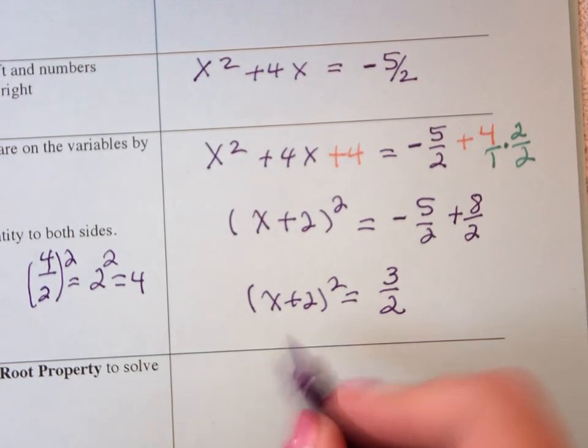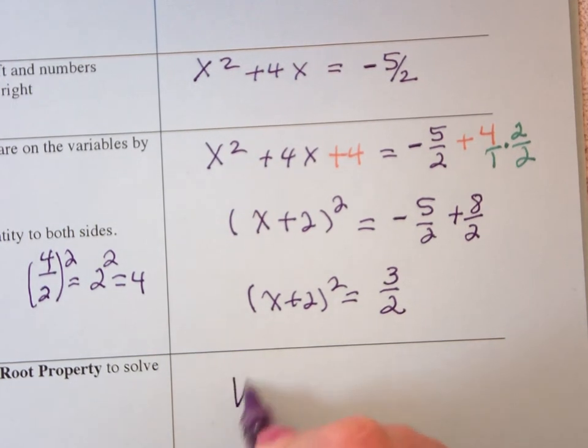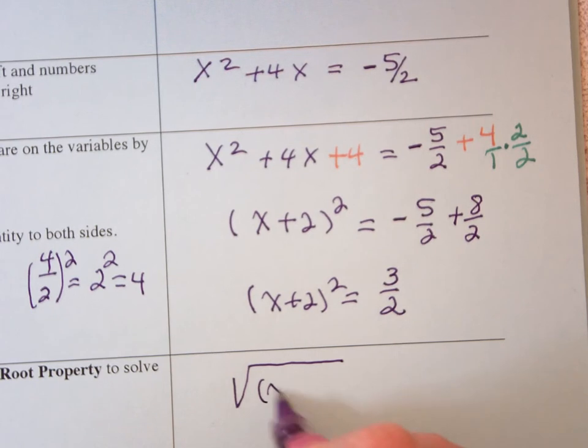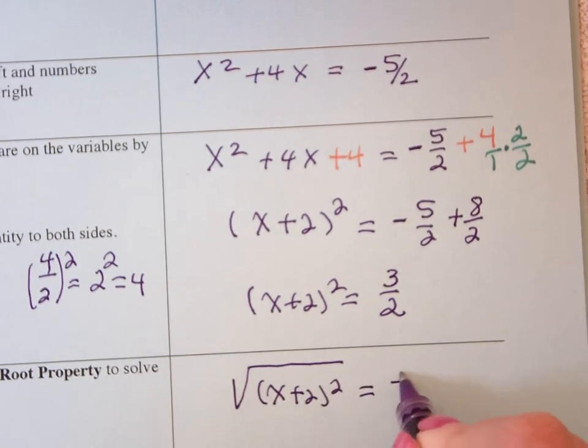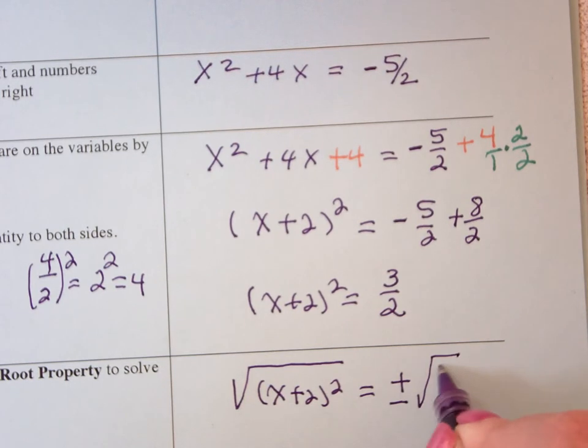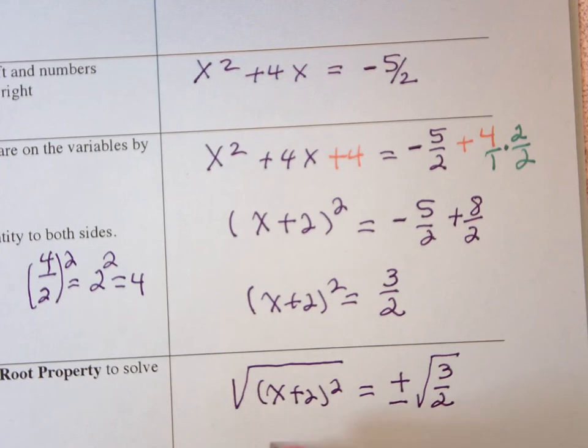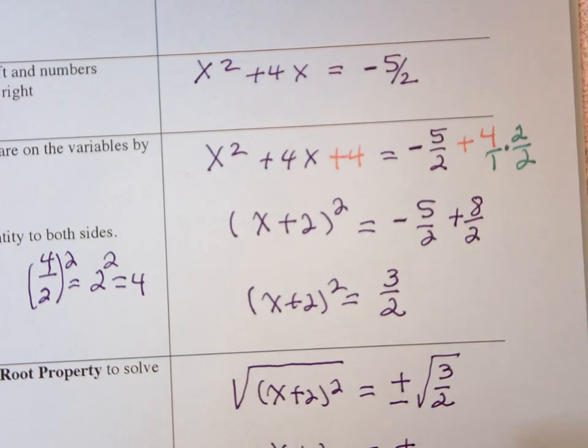Then you're going to use the square root property to solve. So you take the square root of both sides, x plus 2 squared. Don't forget the plus or minus, square root of 3 halves. Or that x plus 2 is plus or minus the square root of 3 halves.